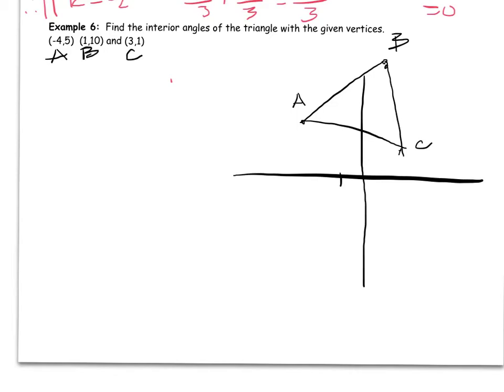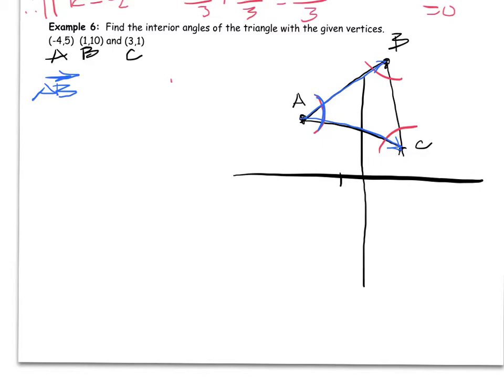Alright, so I'm going to call this point A, point B, and point C. What's weird about this is that it wants the angles in between these vertices. So it really wants angle A, angle B, and angle C. The best way of doing this is to do vector AB, and then vector AC, and find angle A. I have vector AB, and to find that I need to put it in component form.